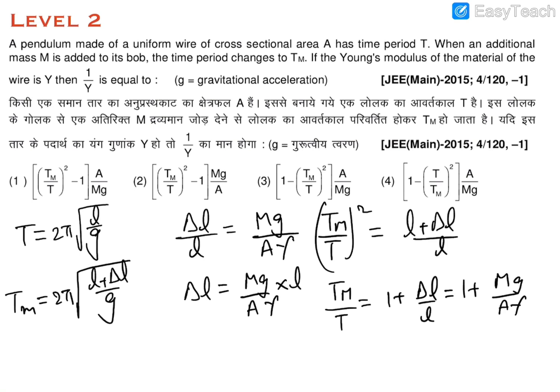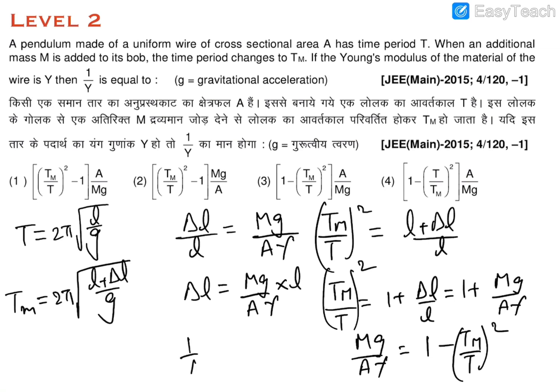So we have to find out 1 upon gamma, and therefore mg by A gamma is equal to Tm by T whole square minus 1, and 1 by gamma is equal to A by mg into Tm by T whole square minus 1.